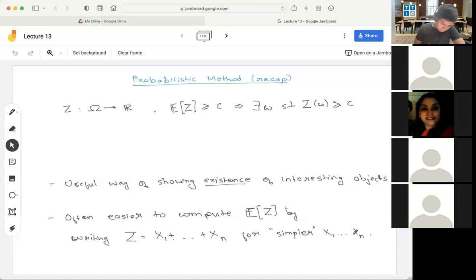And in fact, you can look at the proof we did, and you will also observe that there is some outcome which occurs with positive probability.